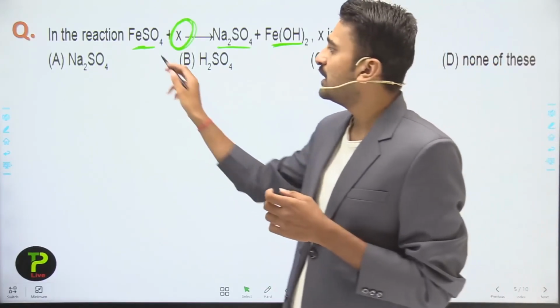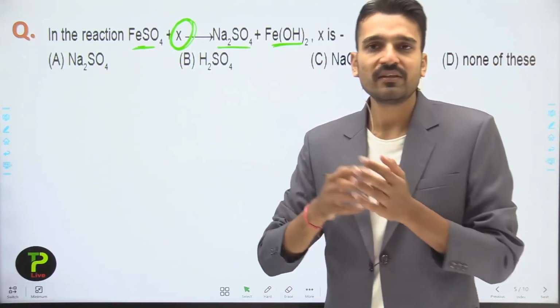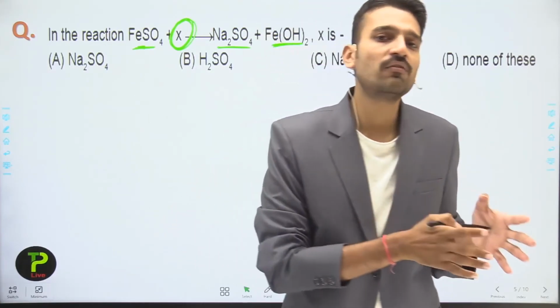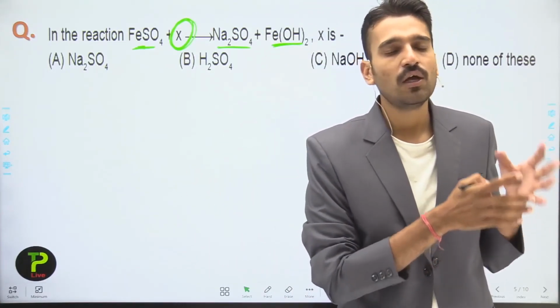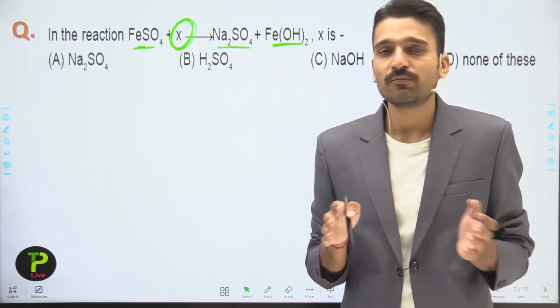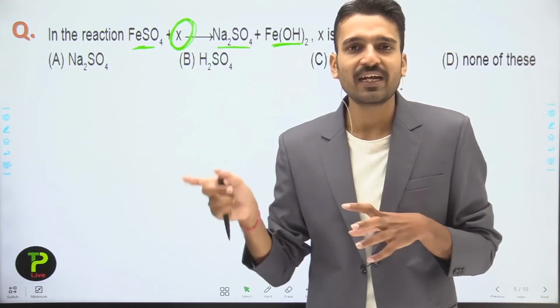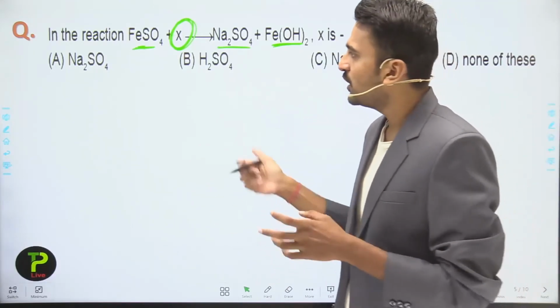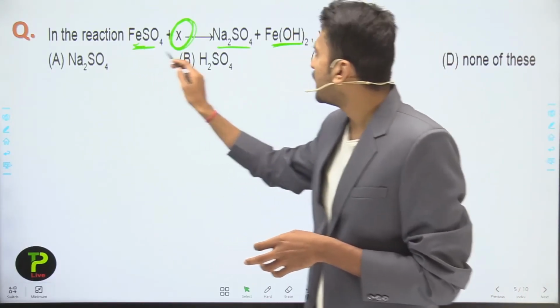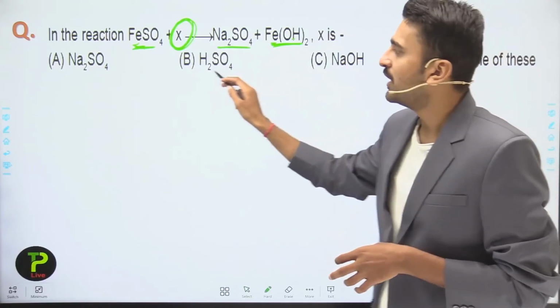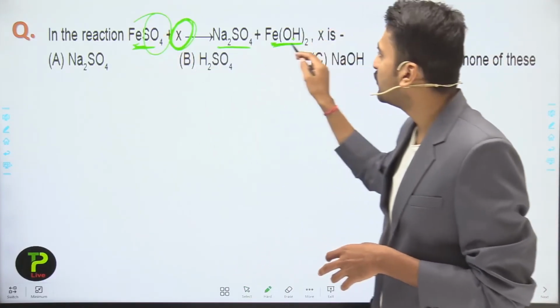Here you see that the number of atoms present on the reactant side will always be equal to the number of atoms on the product side if the reaction is balanced. Here you see the iron atom is there, and here the iron atom is also there. Here you see sulfate, and here also sulfate.